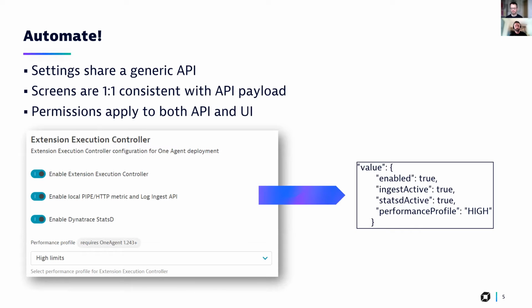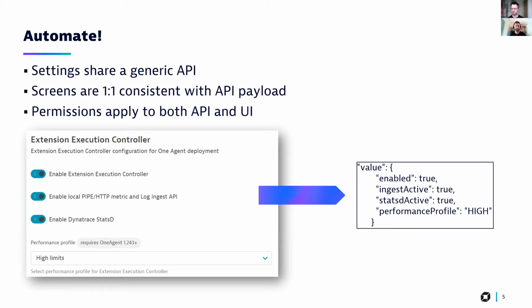The second big part is not only do you want to delegate, you want to automate. And the new settings framework now allows that all settings share the same generic API. That means that automation can be done very consistently. Also, the setting screens have a one-to-one relation to the actual API payload.